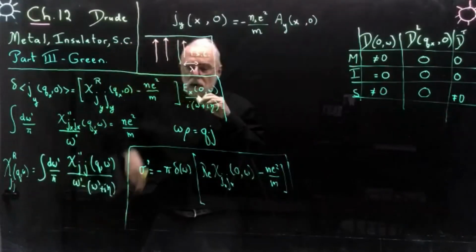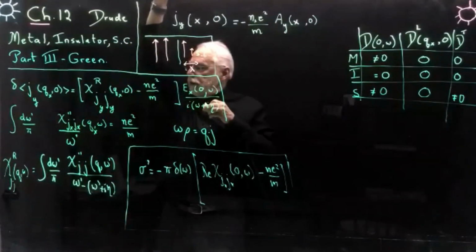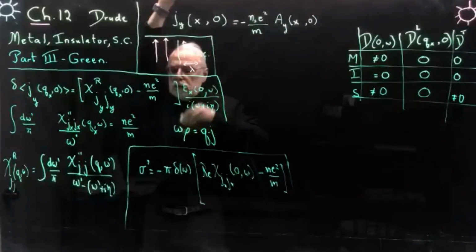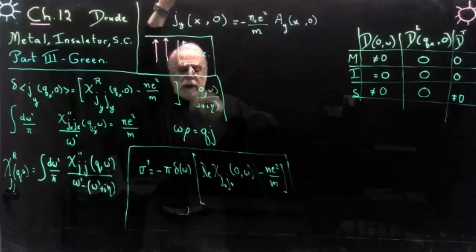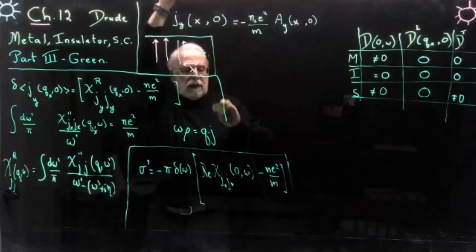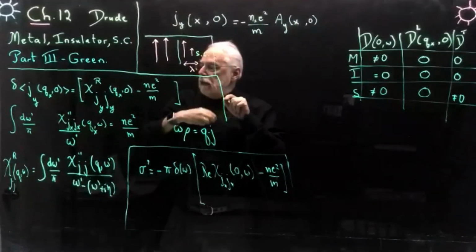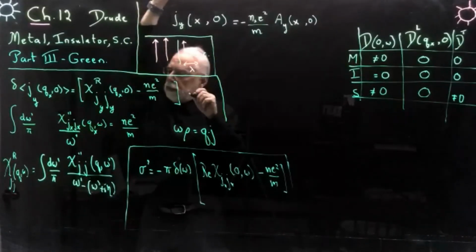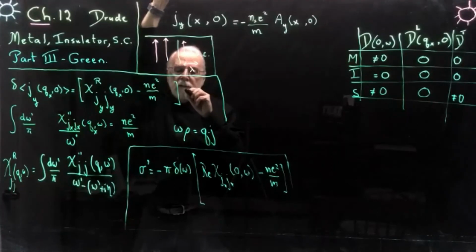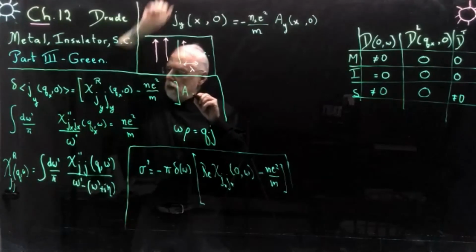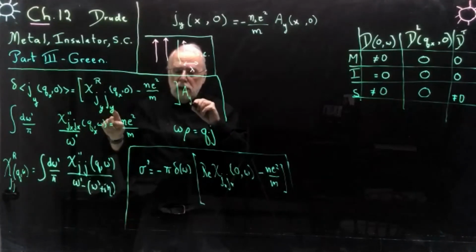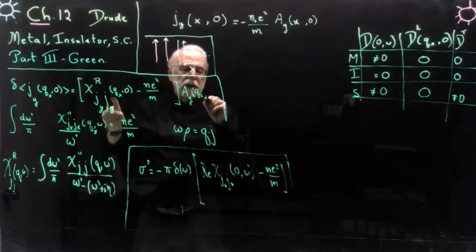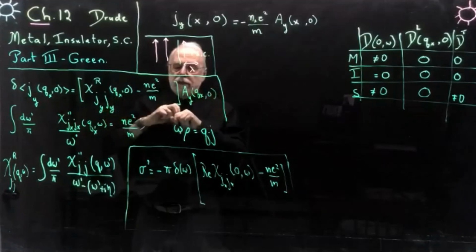And here now, this combination is the vector potential. So I have to look at the vector potential. I was writing for an electric field, but the general result was written for the vector potential. So for the vector potential, I have A in the y direction for a wave variation in the x direction and 0 frequency.